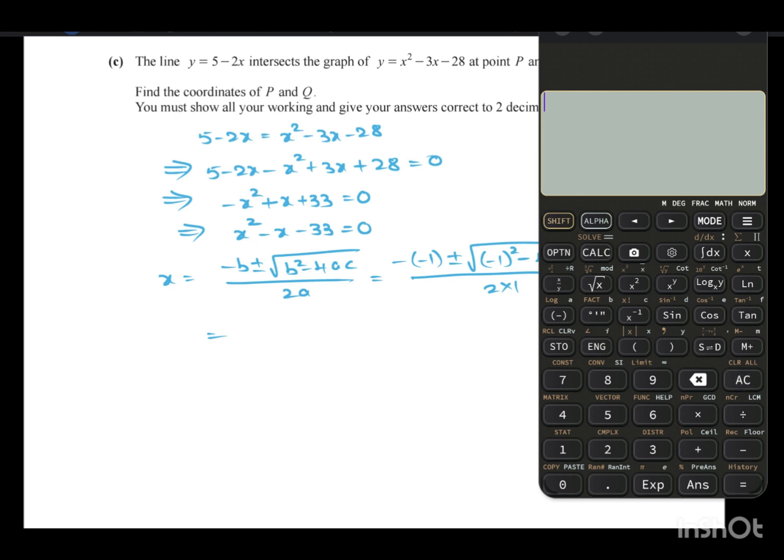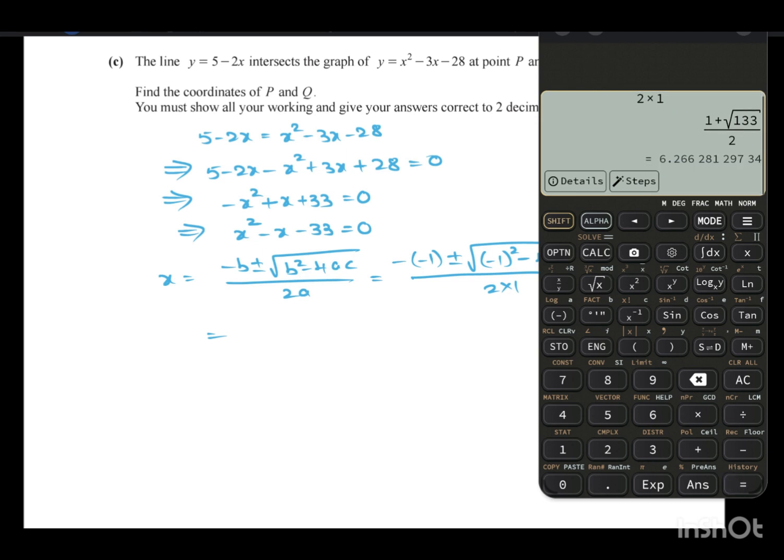Find out using calculator. Minus of minus 1 plus square root of b square minus 4 into 1 into negative 33, 4ac by 2a, 2 into a is 1.